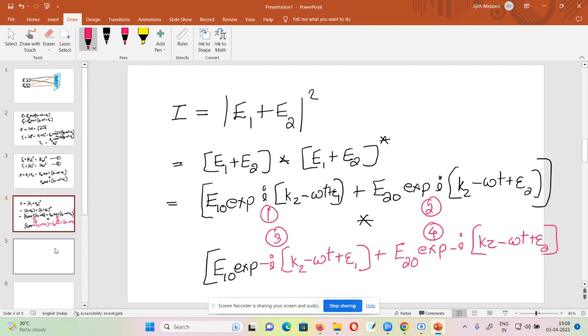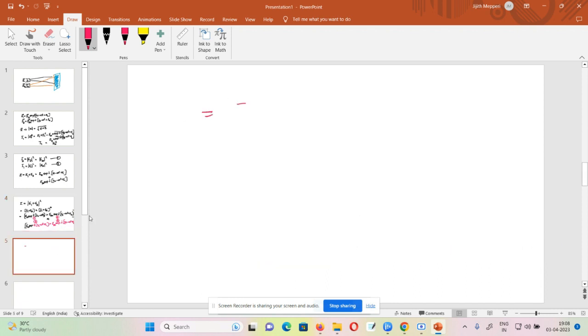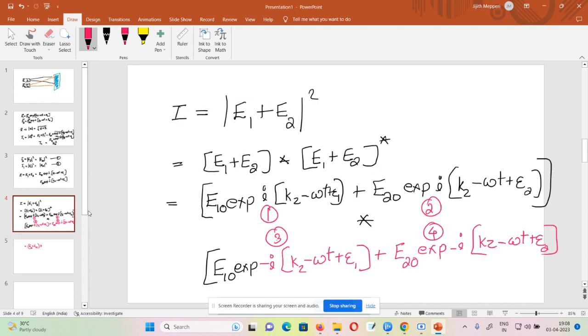So your first term will be E10 into E10, plus. What is the second term? 1 into 4.